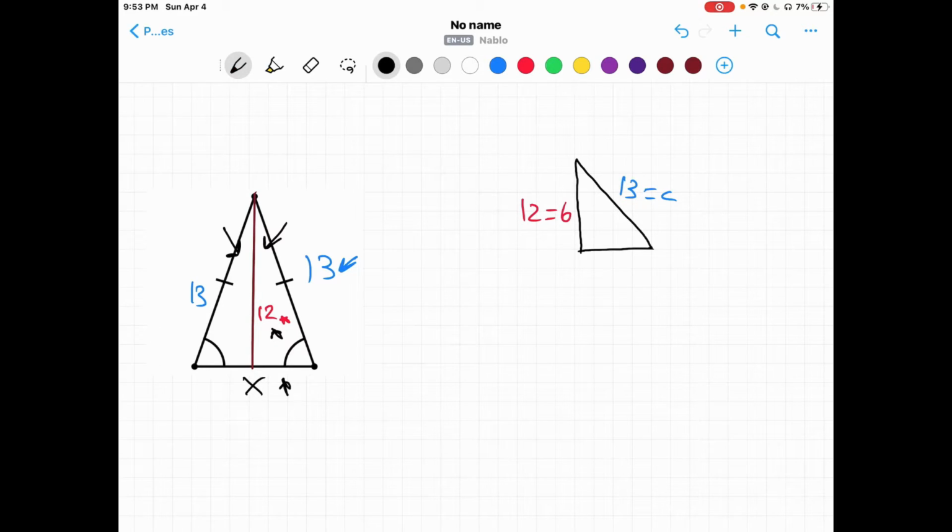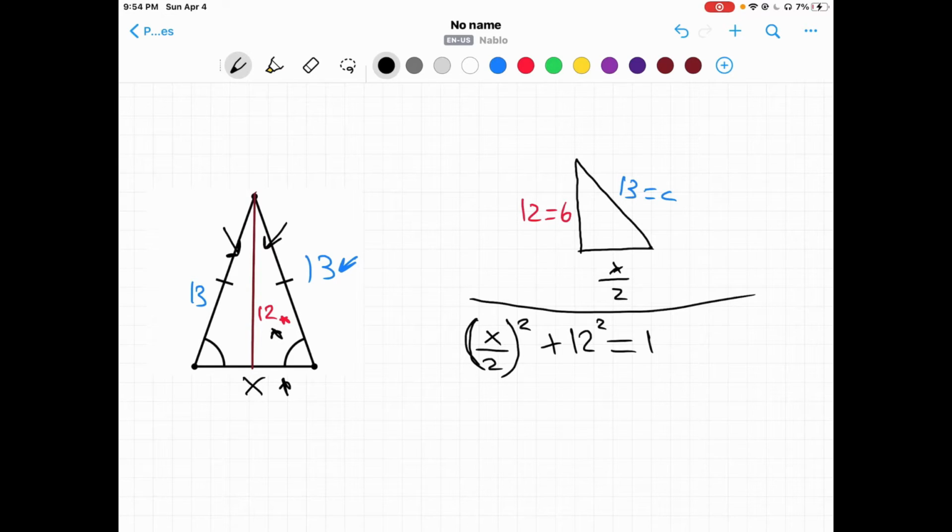and then we have x, and since we split it in half, it would be x over 2. So you can think about x over 2 being a. So x over 2 squared, which is basically a squared, plus 12 squared, since it's b squared, equals 13 squared, which is c squared.